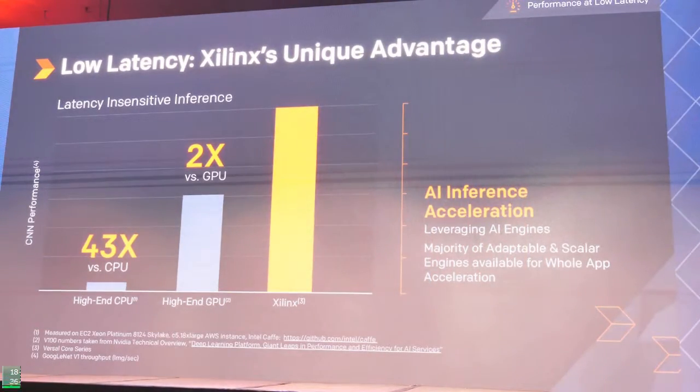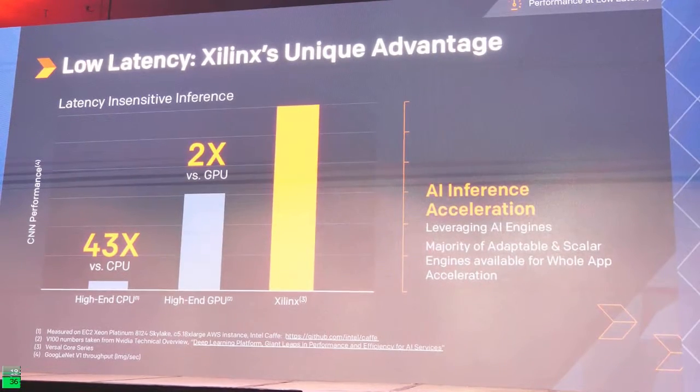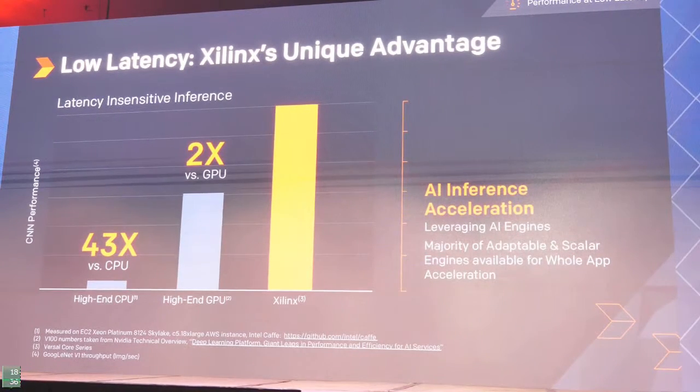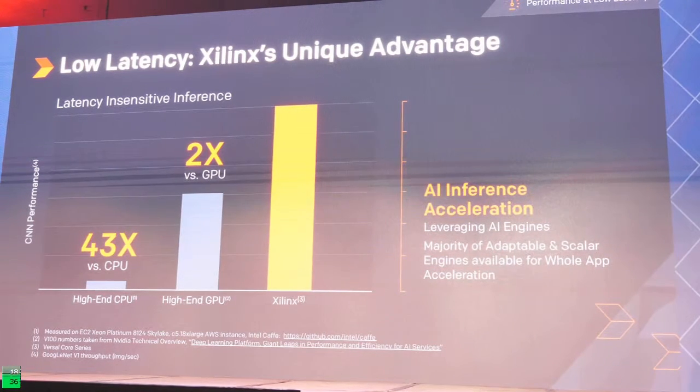This is a Versal device benchmarked against GPUs and CPUs. In this scenario, there is no latency constraint. The Versal device would be 2x better than GPU and 43x better than a CPU if you use GoogleNet as your benchmark. Throughput, images per second. No peak teraop numbers here. Real numbers.